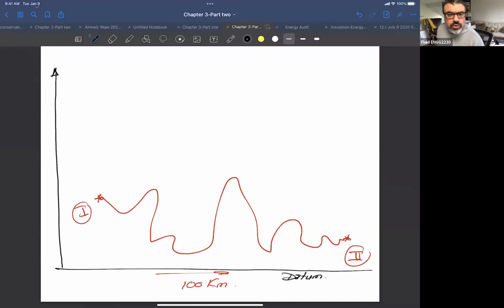So first of all, in order for the fluid to move from point 1 to point 2, at least for an ideal flow, what will be the energy at this point? It's going to be energy I, right, on this scale. For ideal flow, what will this line look like? What will be the total energy line?